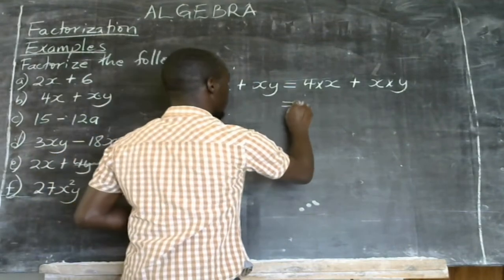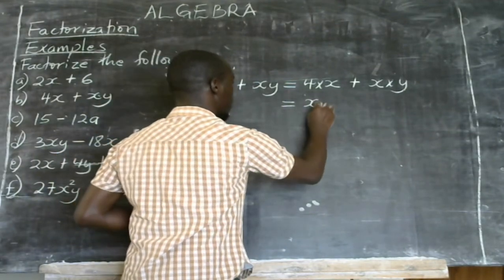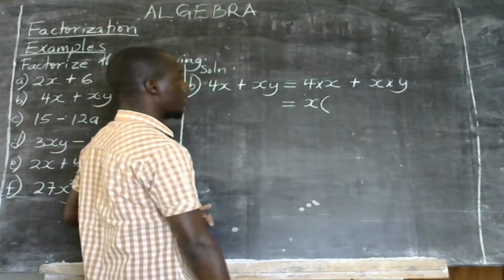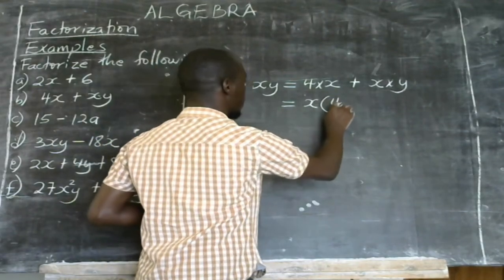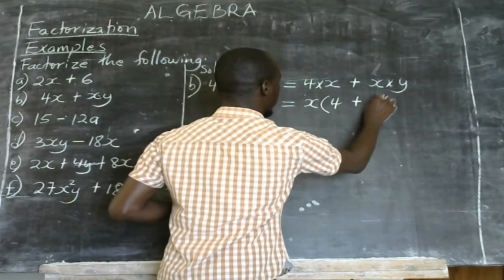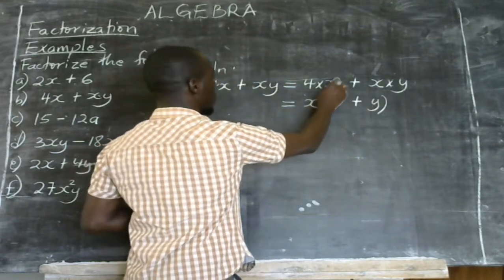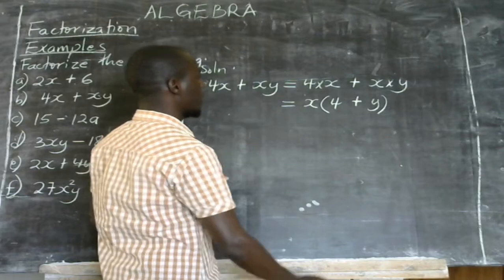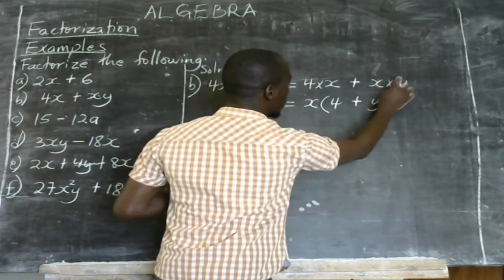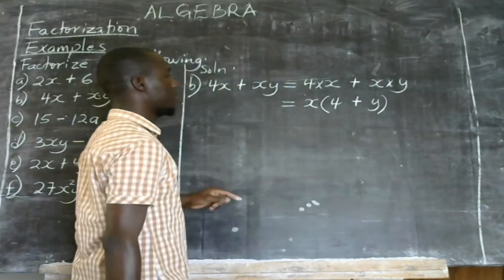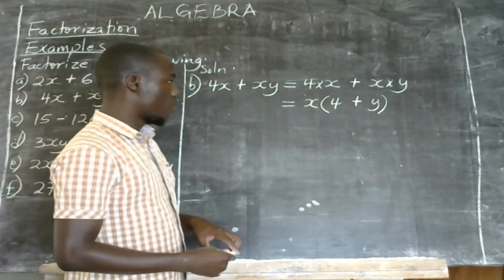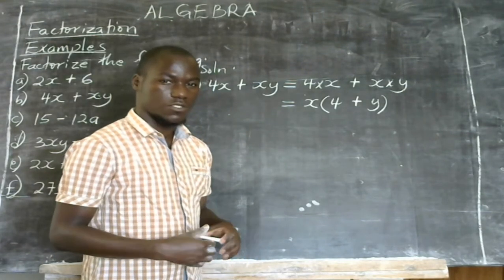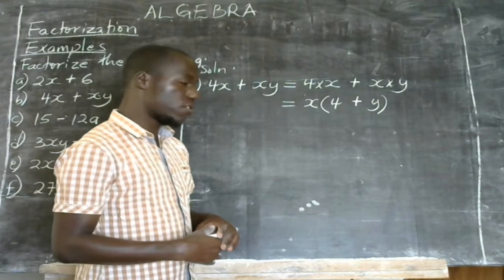So when I create a bracket, I pull it out, then this becomes a 4 plus a y. When you remove x, it is the 4 that remains, and also the y that remains there.